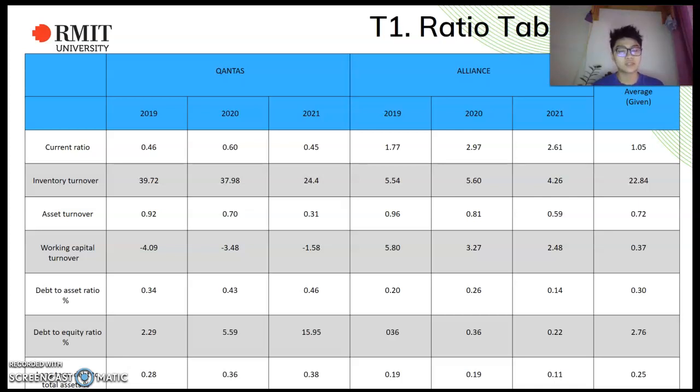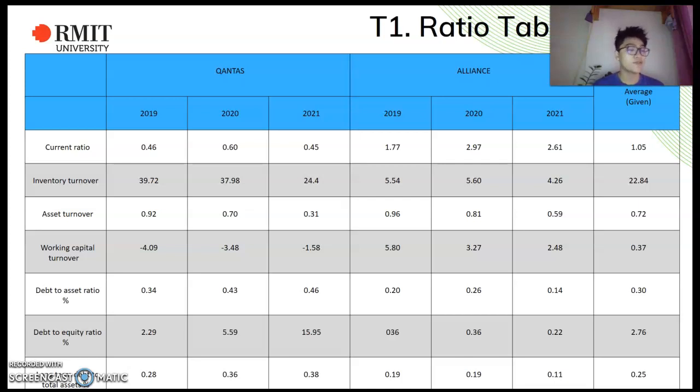However, there are still some good signs, and not all of their data is above average, such as working capital turnover, which is significantly smaller than the industry average, a good sign for this company.